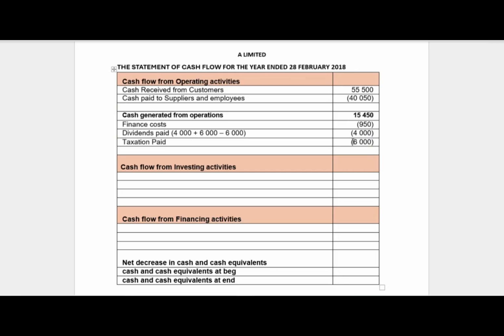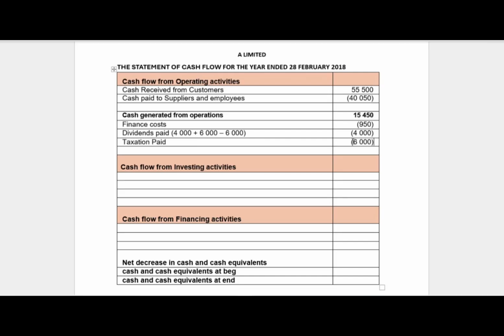So now we need to calculate the cash flow from operating activities. For us to calculate that, we are going to do the calculation from cash generated from operations. So we are going to say cash generated from operations, which is going to be 15,450 minus 950 minus 4,000 minus 6,000.